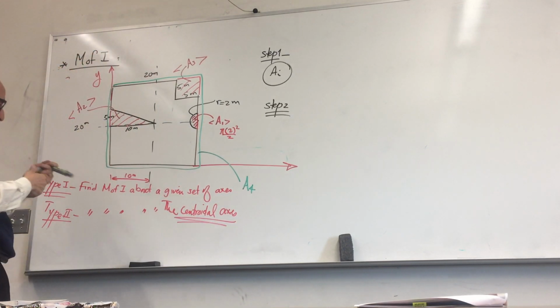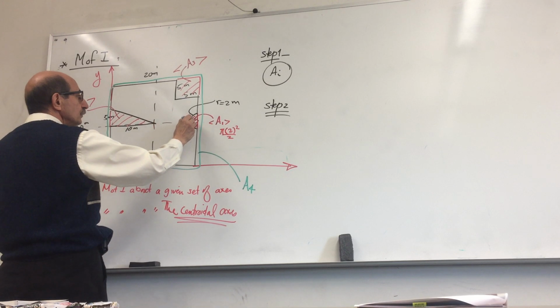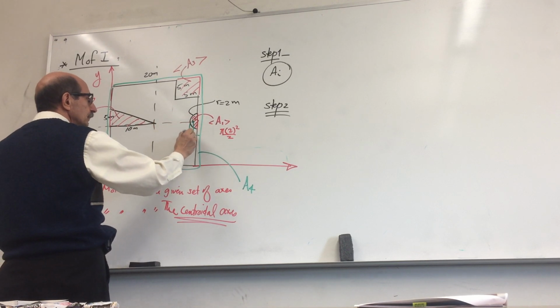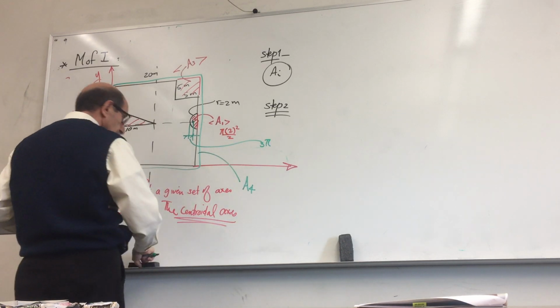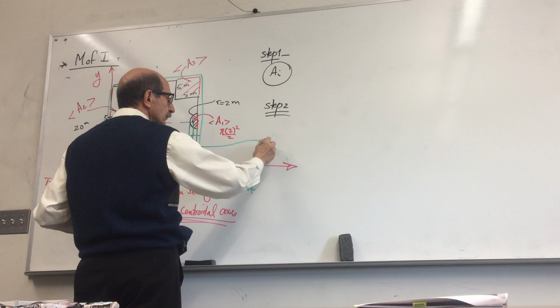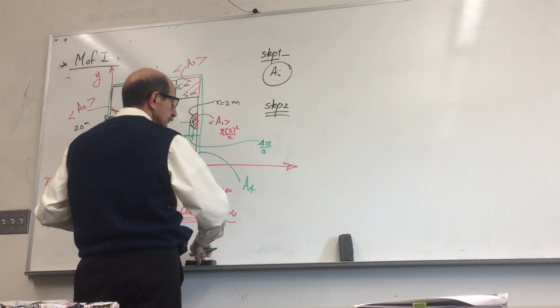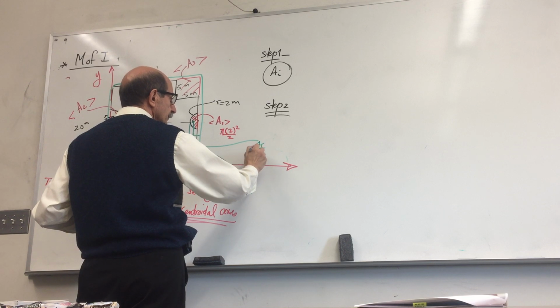You need to have the centroid of each sub area, right? So you know, for instance, here, this was 4r over 3 pi, right?